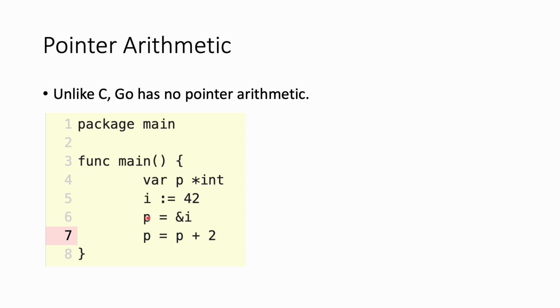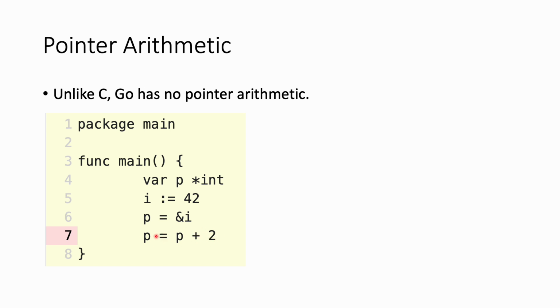We do something with p. For example, we assign the memory address of an int variable i to p. Then we try to add the integer value 2 to the pointer p. This would work in the C language, but it doesn't work in Go.